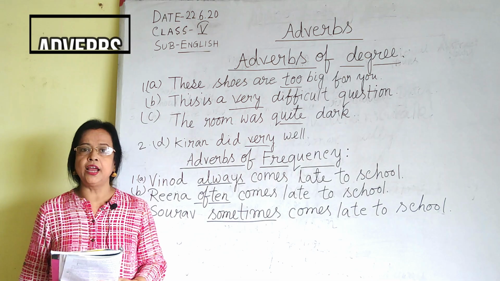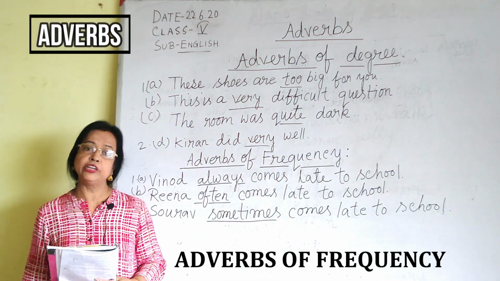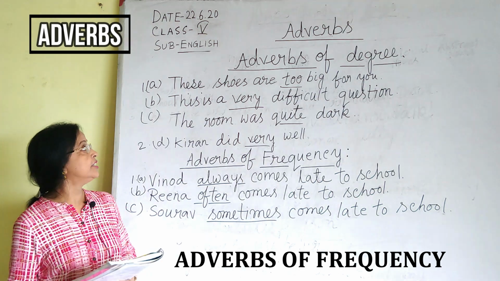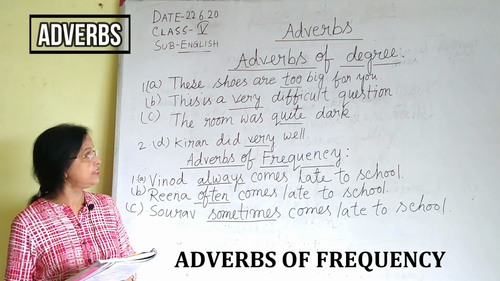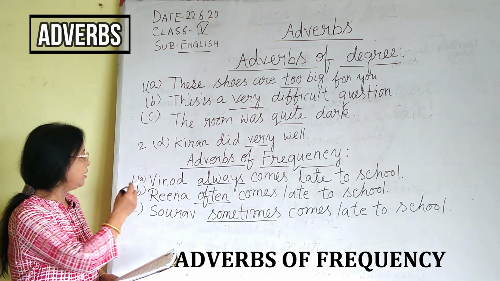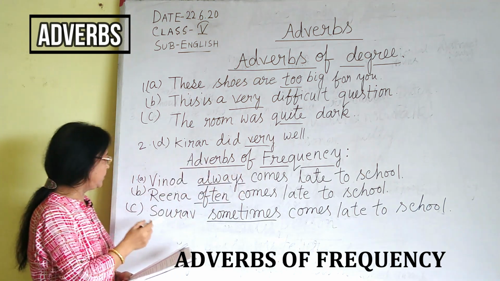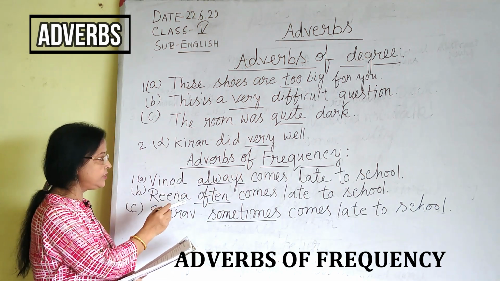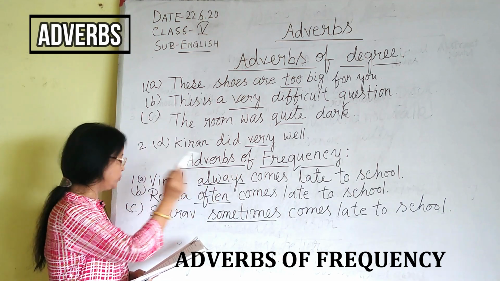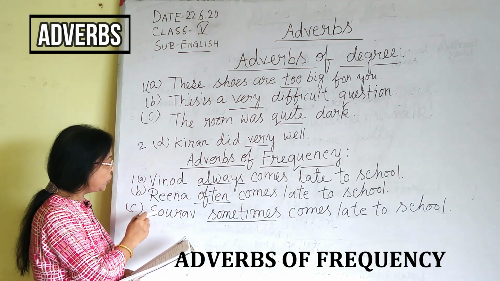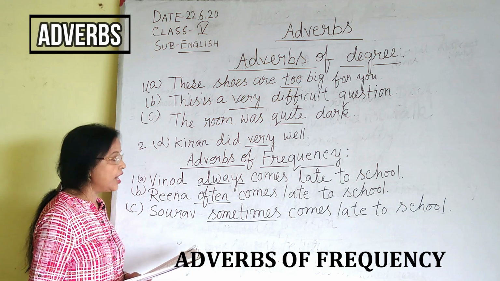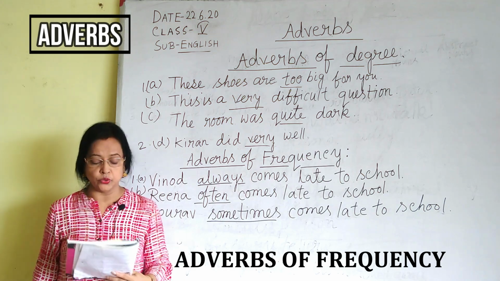Understood? Now, adverbs of frequency. Look at the board. I have written 3 sentences. A. Binod always comes late to school. B. Rina often comes late to school. C. Saurabh sometimes comes late to school.